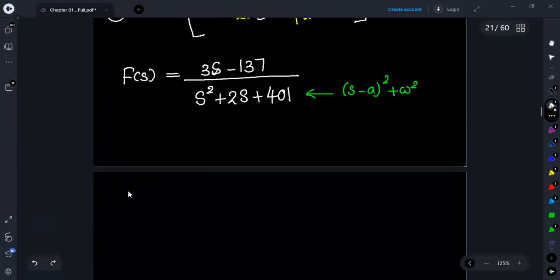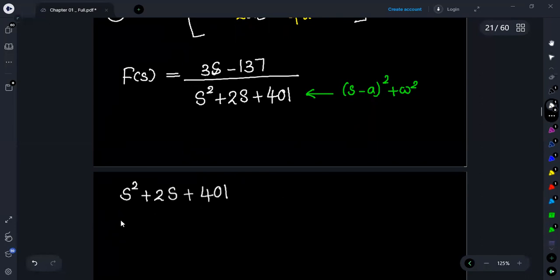The polynomial that we're going to consider is s squared plus 2s plus 401. Here, first we start from the coefficient, and we can see that the coefficient of s squared is 1, so we don't need to change anything.